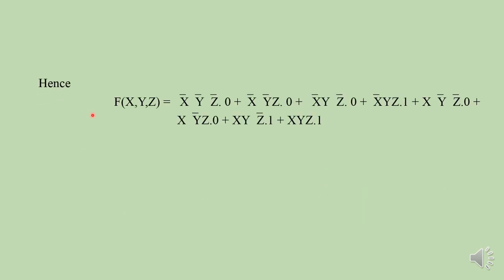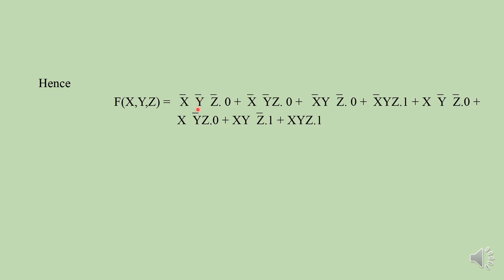Hence we can write f, a function of the variables xyz, equal to x bar y bar z bar, whose functional value is 0, plus x bar y bar z, functional value 0, plus x bar y z bar, functional value also 0, plus x bar y z, functional value 1, plus x y bar z bar, functional value 0, plus x y bar z, also 0, plus x y z bar, functional value 1, plus x y z, also functional value 1.